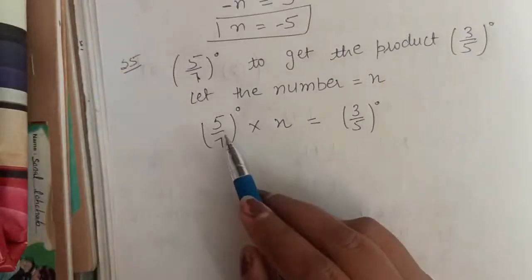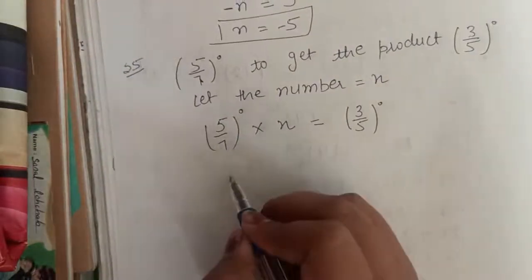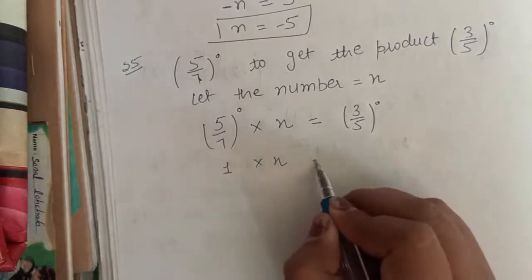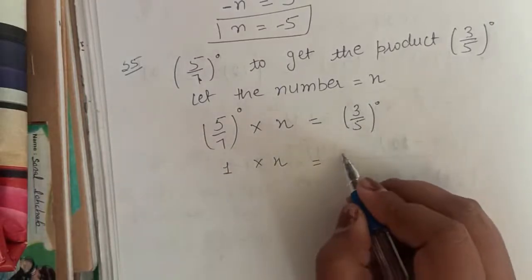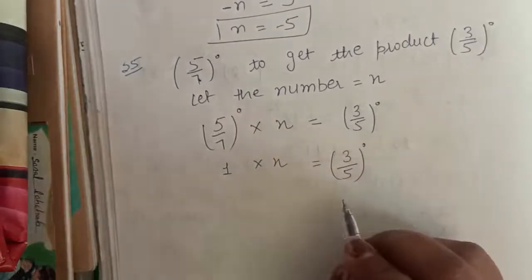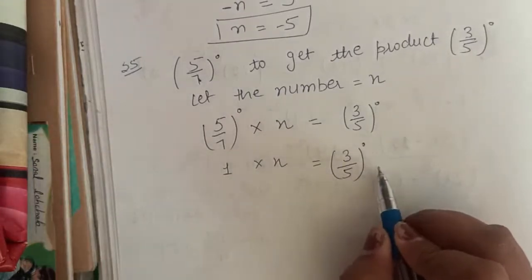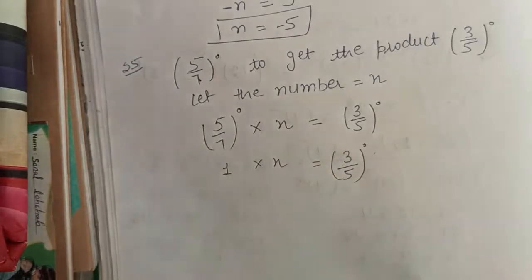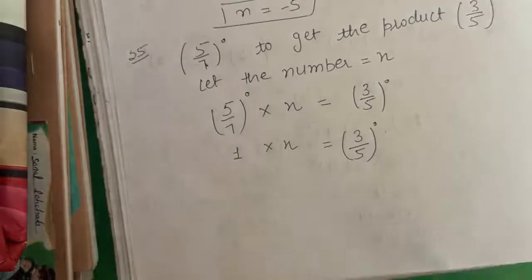So see, 5 by 7 to the power 0 we can write as 1, multiplied with x, equals 3 by 5 to the power 0, which is also equal to 1. Now from here you can find the value of x.